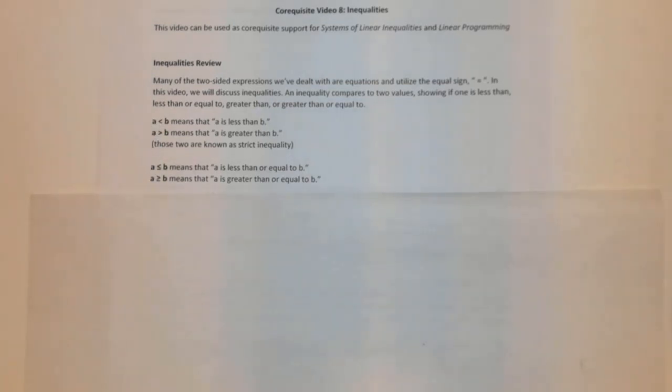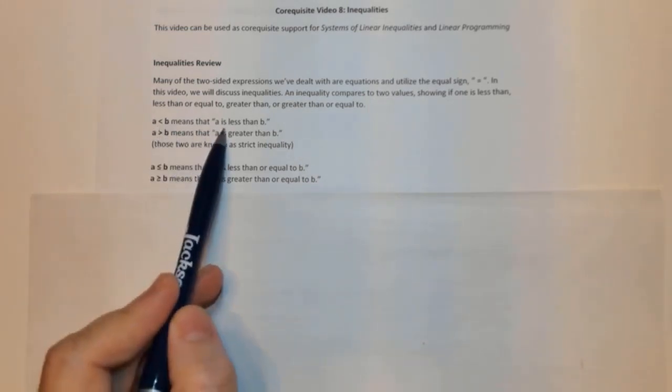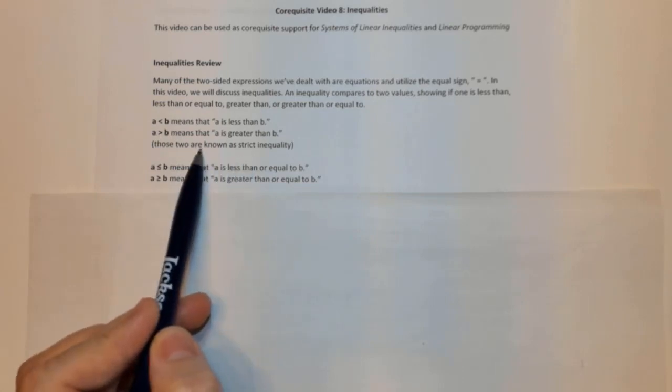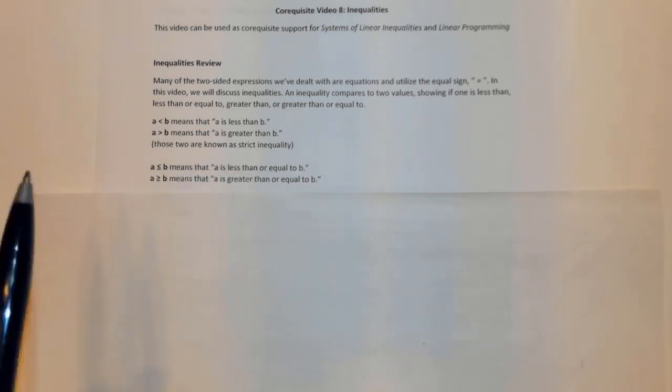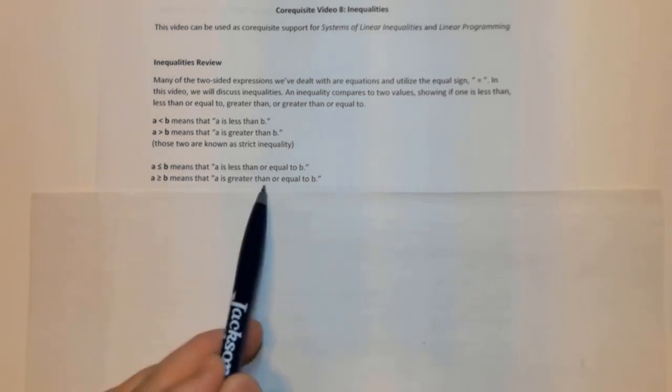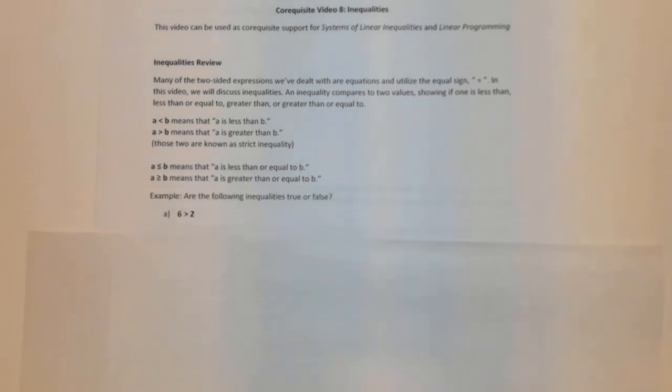Okay. So A is less than B, A is greater than B. These are called strict inequalities. They don't have an equal sign. A is less than or equal to B. A is greater than or equal to B.